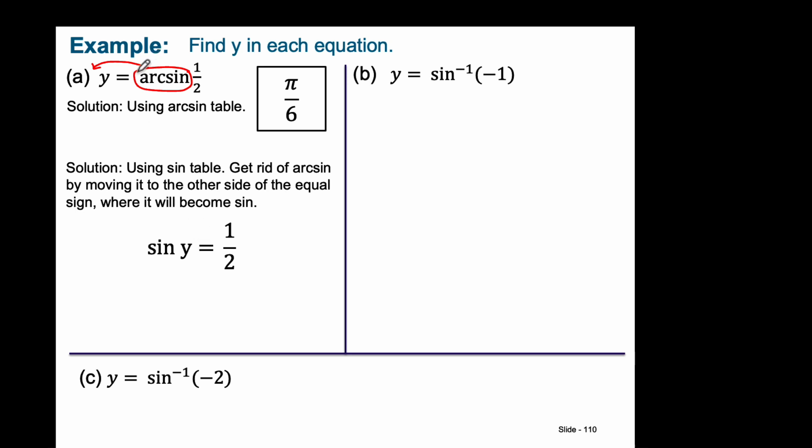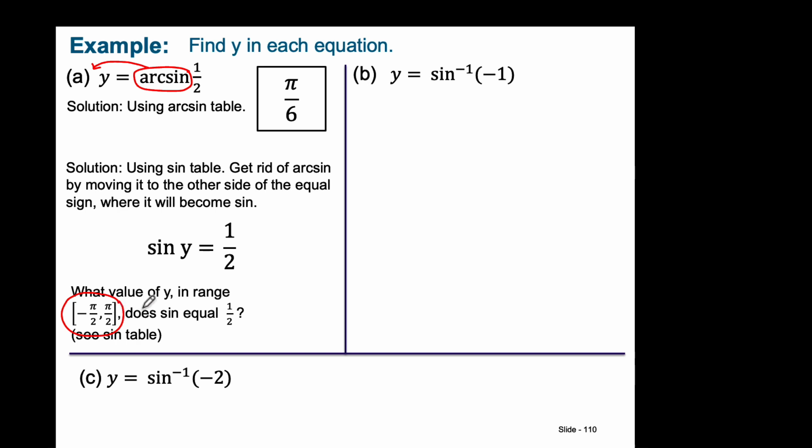Okay, so now we have sine of y is equal to 1/2, and if we use our table for sine, we want to look for the value of y. Now, careful, you can't use the entire table. We only want to look in the range -pi/2 to +pi/2, because that is where sine has an inverse.